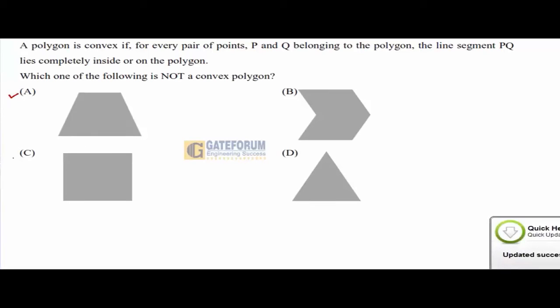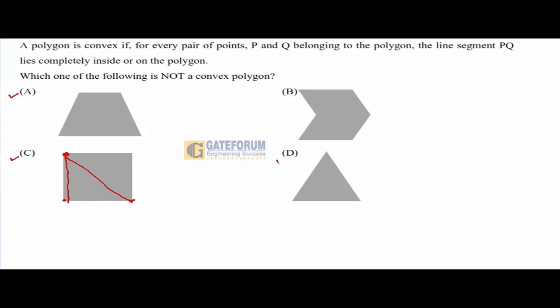This also is a convex polygon because if you take any points P and Q, say this is P and this is Q, then this line segment lies on the polygon. Had you taken this as P and this as Q, the line segment would be inside the polygon. Let us take this.